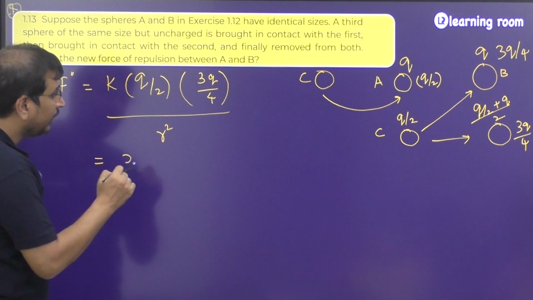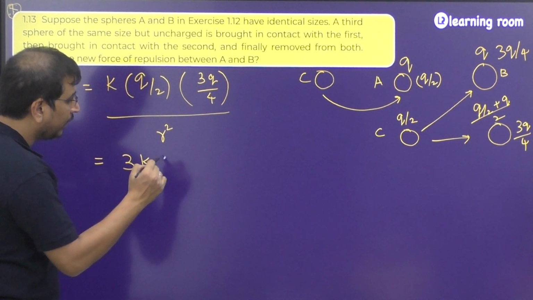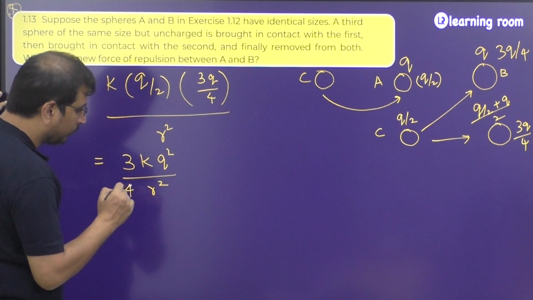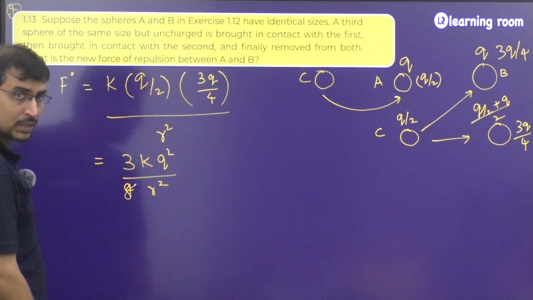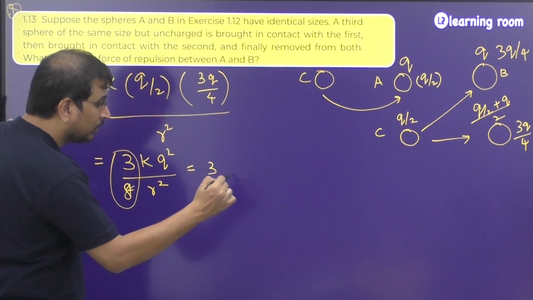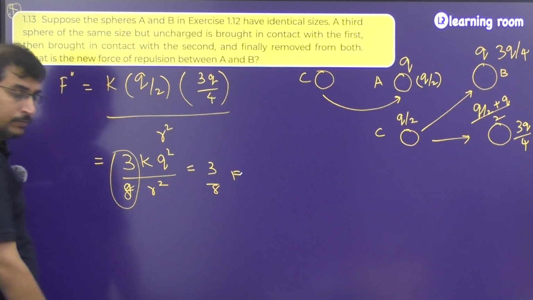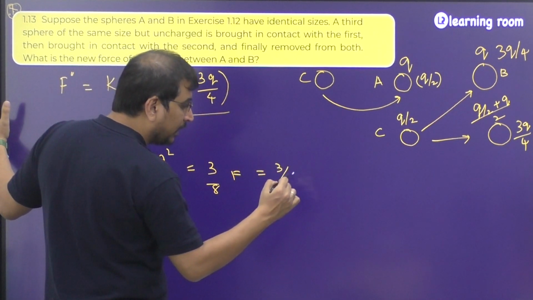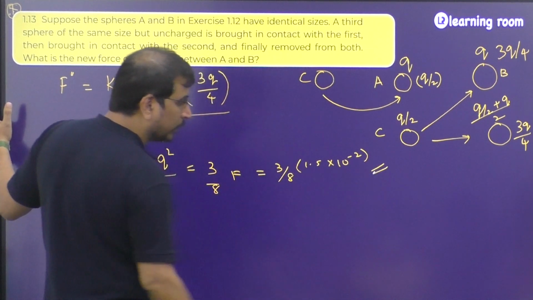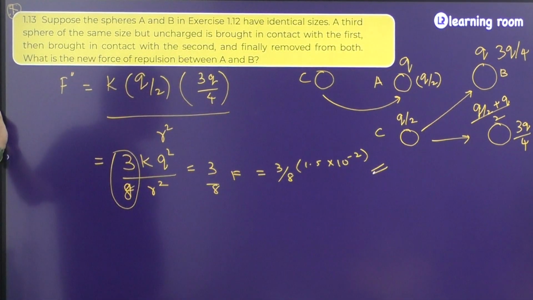So this is going to be 3 times K Q square divided by 8 times R square. So it is becoming 3 by 8 times F. So it is going to be 3 by 8 multiplied with 1.5 into 10 power minus 2. When you calculate this, that will be the required answer.